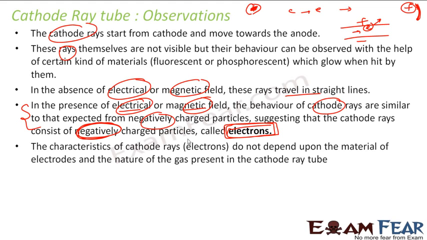Also, he found that this characteristic of the cathode rays, that is the electron, doesn't depend on the material of the electrode. You use aluminum, copper, it doesn't matter. That means the property of the electron is independent of which object you choose.